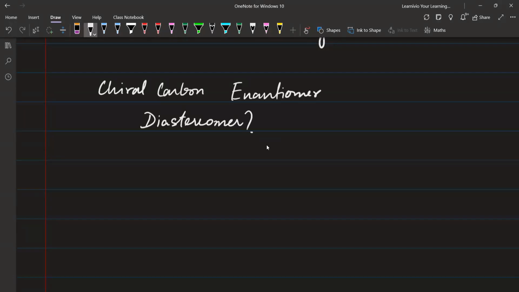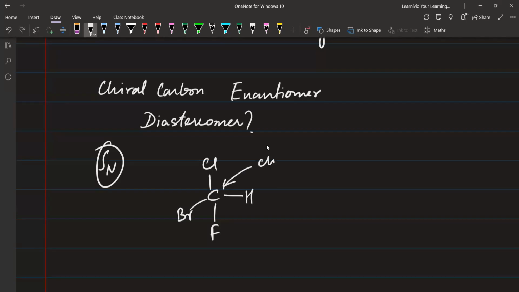Are these topics done in nucleophilic substitution reactions? Mariam, Taha, anyone? No, sir. A carbon atom with four different groups, like for example chlorine, hydrogen, fluorine, and bromine, this atom will be called a chiral carbon.